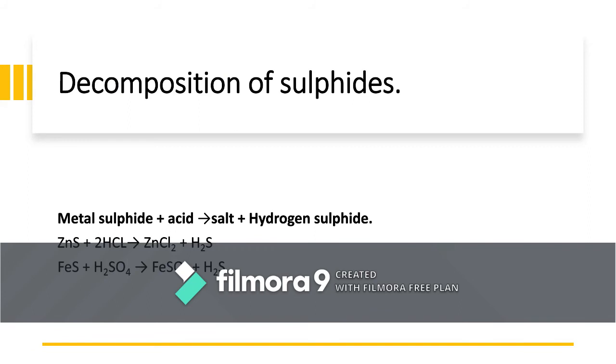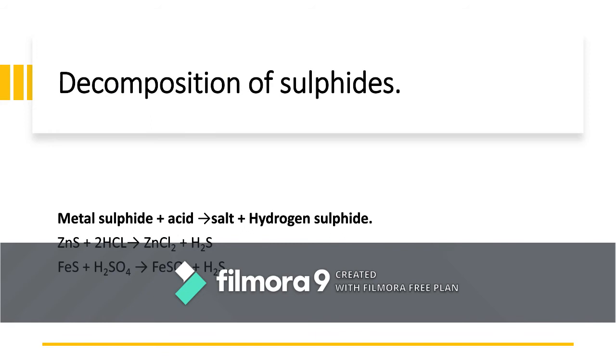Now, what is the moral of the story here? Always remember metallic sulphide, maybe with sulfuric acid or maybe dilute hydrochloric acid. Whenever you react, you always get salt and hydrogen sulphide gas.